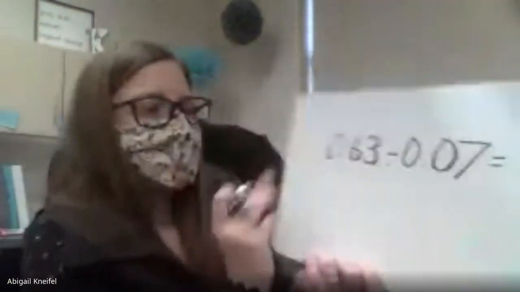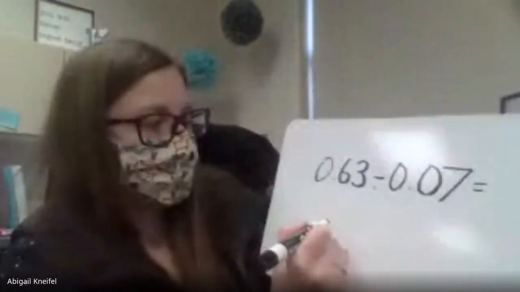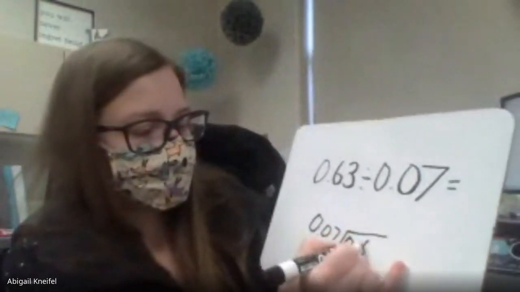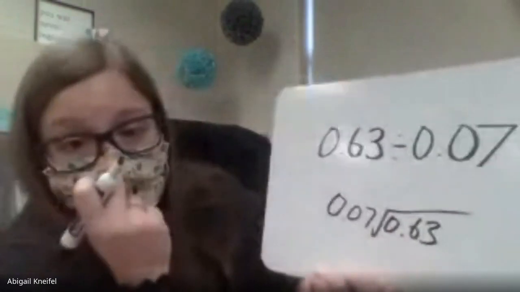All right. So what am I going to do? First, I'm going to set up my problem. 0.07 divided by 0.63. What's the first thing I'm going to do? I'm going to move my decimals.